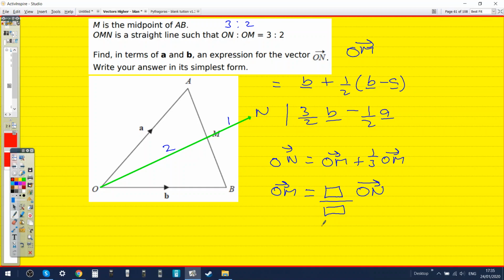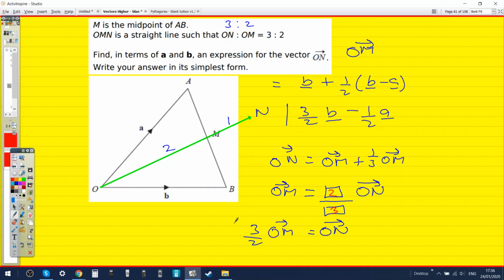Just trying to. I don't know. I believe it would be 2/3. So 2 parts of a total of 3. Oh, okay, yes. And so rearrange, O to N is equal to what fraction of O to M? 3/2 OM? Yes.